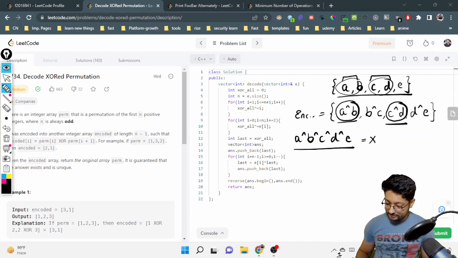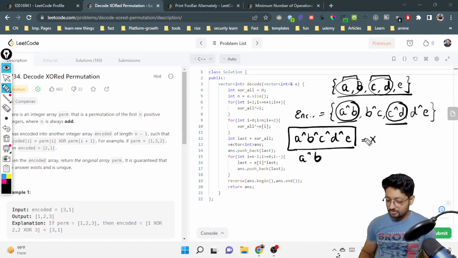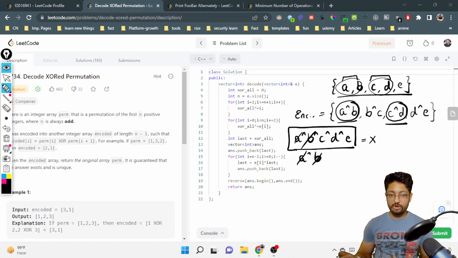If I take these XORs and XOR them with the actual XOR of all the numbers, they will cancel out each other. So for A and B, I have A XOR B, and if I XOR it with this big number that I have, A and A will get cancelled, because if I do a XOR with a number which has a component of itself, it will get cancelled out.